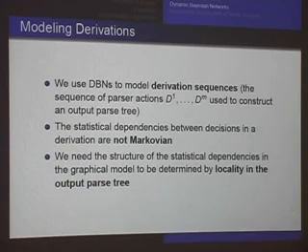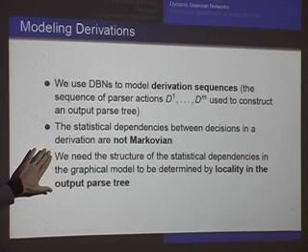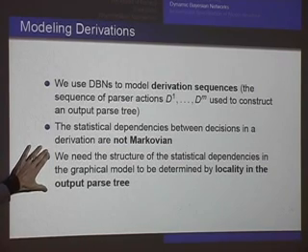There are dependencies you need in the derivation sequences that can be reaching arbitrarily far back in the sequence. And that's because the appropriate locality is in the output parse tree.